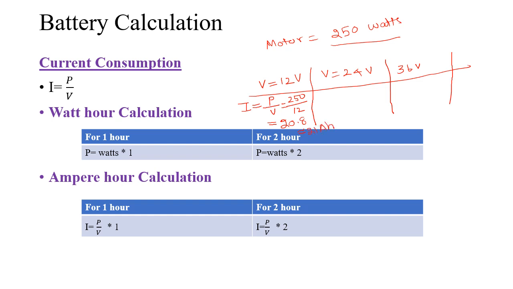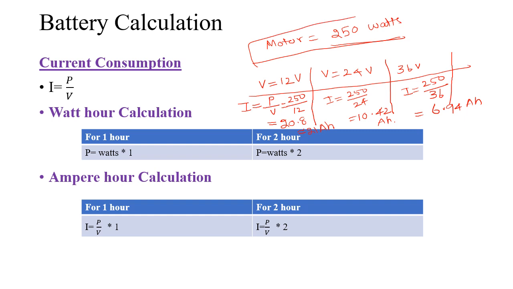If you choose 24, the current will be 250 over 24, approximately 10.42 ampere hour. And if you choose 36 volt, then 250 over 36 gives 6.94 ampere hour.